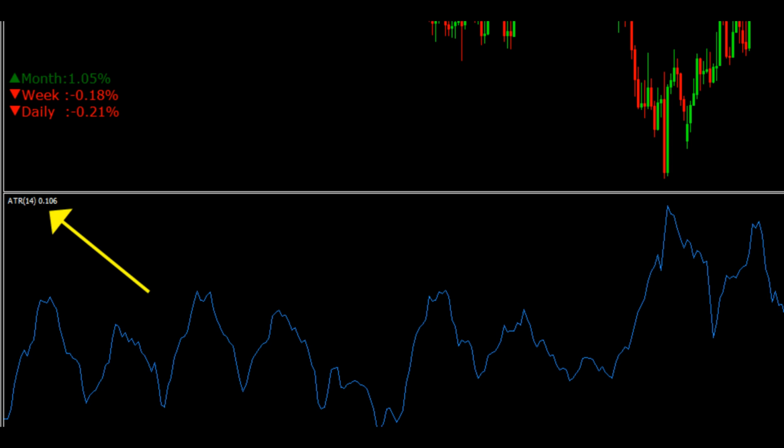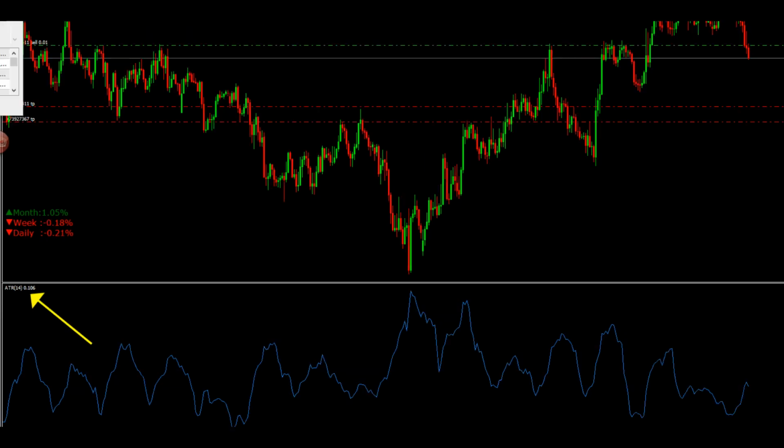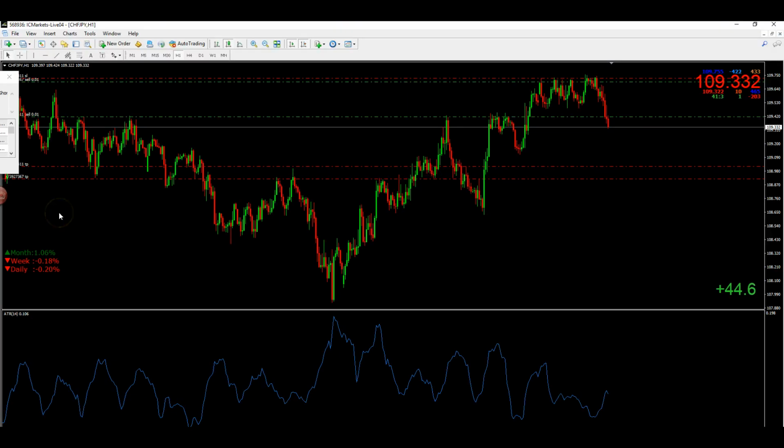There are times when you will have 4 or 5, but in this case, it gives us 3, which I would say is 10. So the average true range of this particular pair, the Swiss franc Japanese yen, is 10. Just ignore the 6.